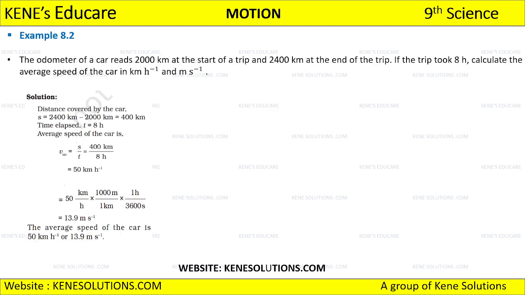After this, after discussing activity 8.5, we have studied example 8.2, of how to calculate the average speed of a car in both units, kilometer per hour and meter per second, right?